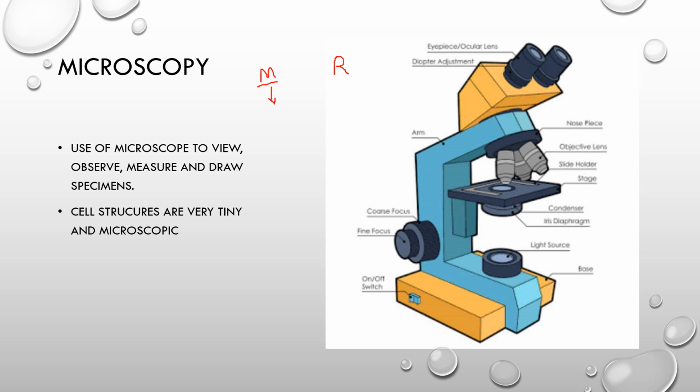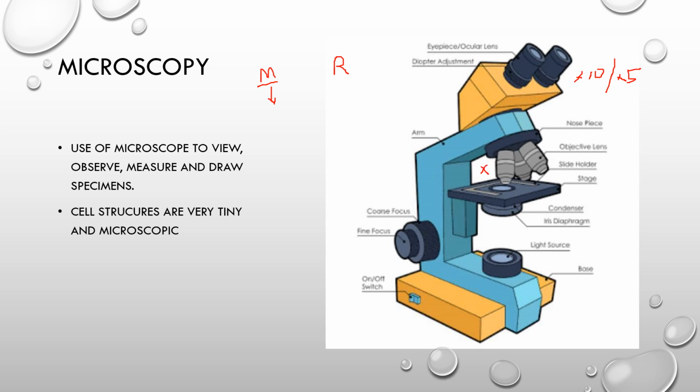If you look at this, for example, we can have times 10 here, or times 4, any one of them. So that is the magnification. Let's say times 5 here. If you look at this, it could be times 10.